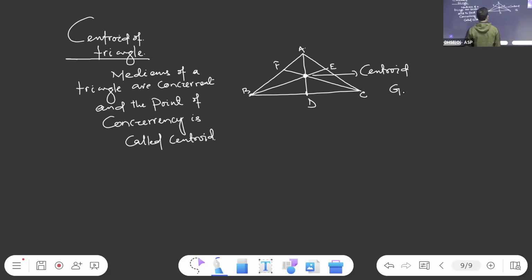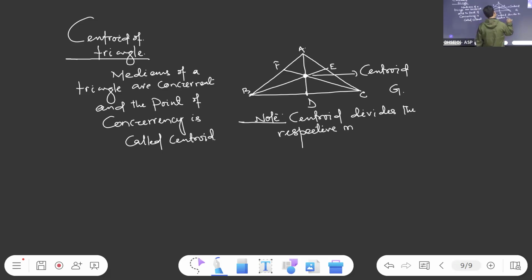Okay. Another note point: centroid divides the respective medians in the ratio 2:1.